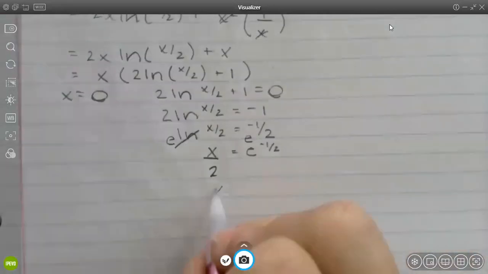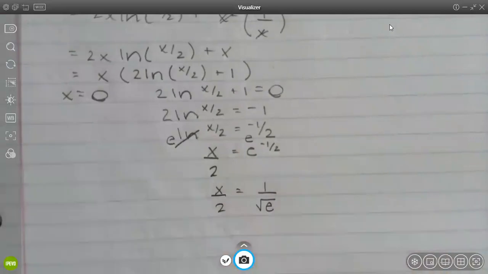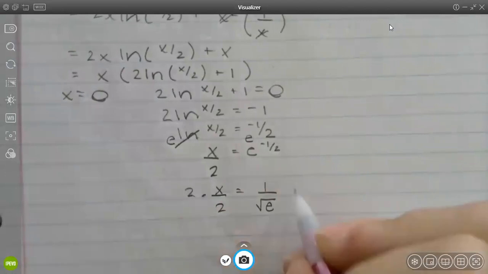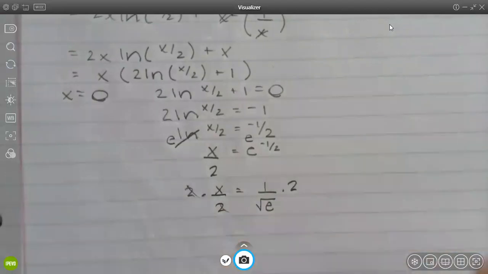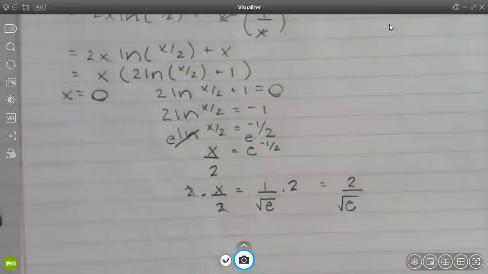This is the same thing as 1 over the square root of e. To solve for x, I just need to multiply by 2. You don't have to cross multiply, just multiply by 2. And I get 2 over the square root of e. If you gave me a decimal there, that would have been fine as well, but this is what your book will give you.